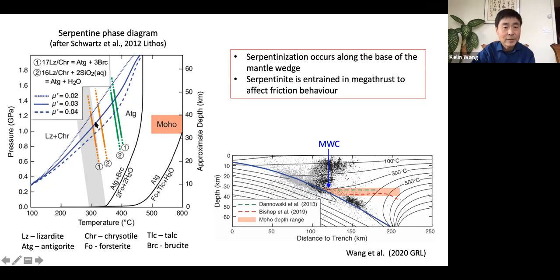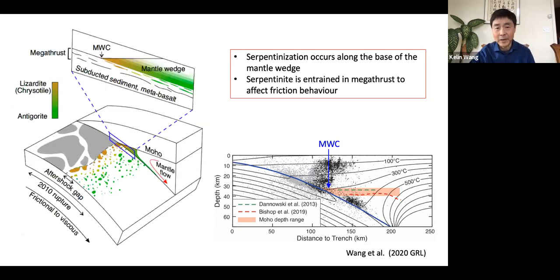And this transition is a mixture between lizardite-chrysotile and antigorite. So we have this change in the type of serpentine minerals, and this change becomes important to the frictional behavior.